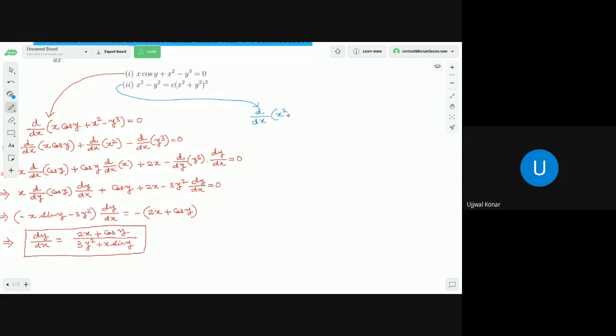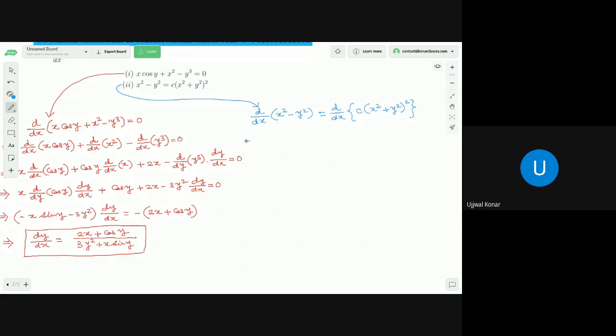Differentiation of x square minus y square should be equal to d/dx of c into x square plus y square whole square. Obviously, here c is a constant. No need to mention it. By looking into the problem only, you need to think that it is a constant, correct?